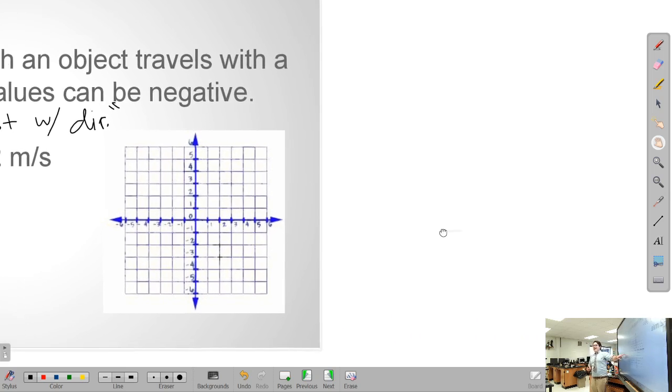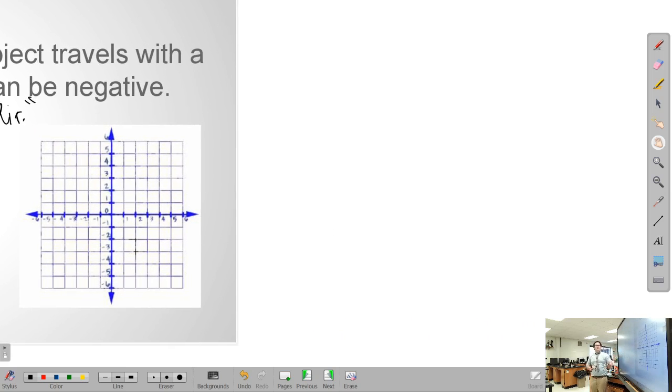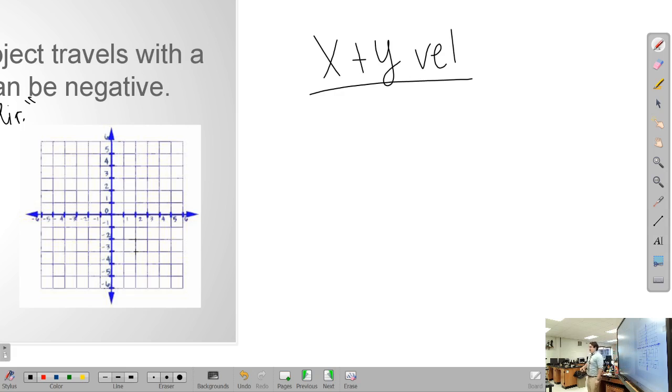I'm going to add a little bit off to the side for the notes. This is probably the most important thing to write down. X and Y velocities are independent of each other. So we have to denote them when we need to.